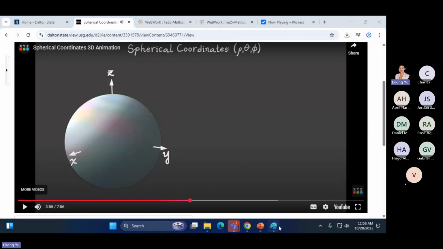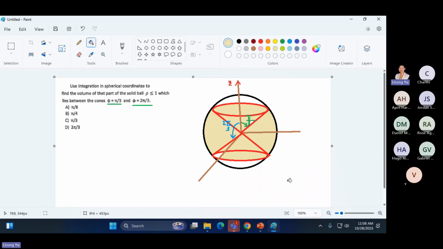Okay, I think this video explained phi, especially phi, a lot better than what I can do. The visual is really nice, so if you want to look at more examples, you can finish the video. But for our question, I can see how phi works here. This is pi over 3, and then the larger one, 2 pi over 3, goes all the way down.